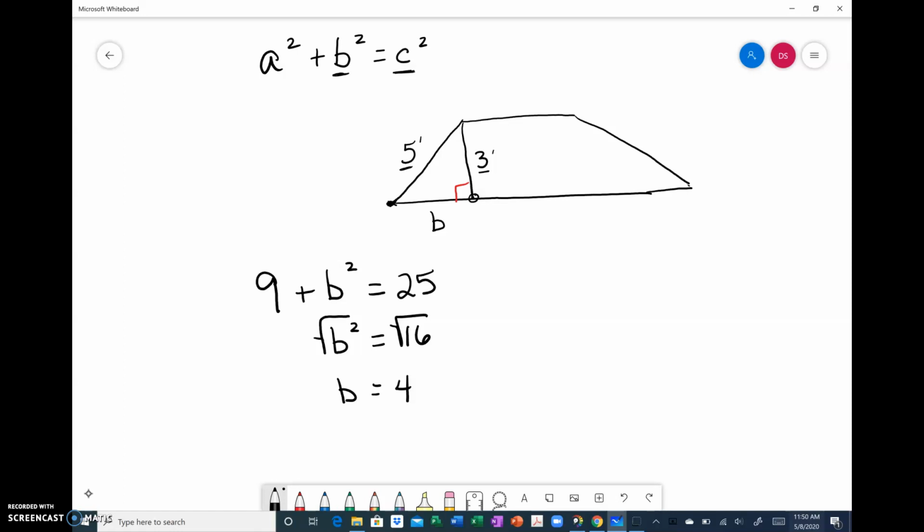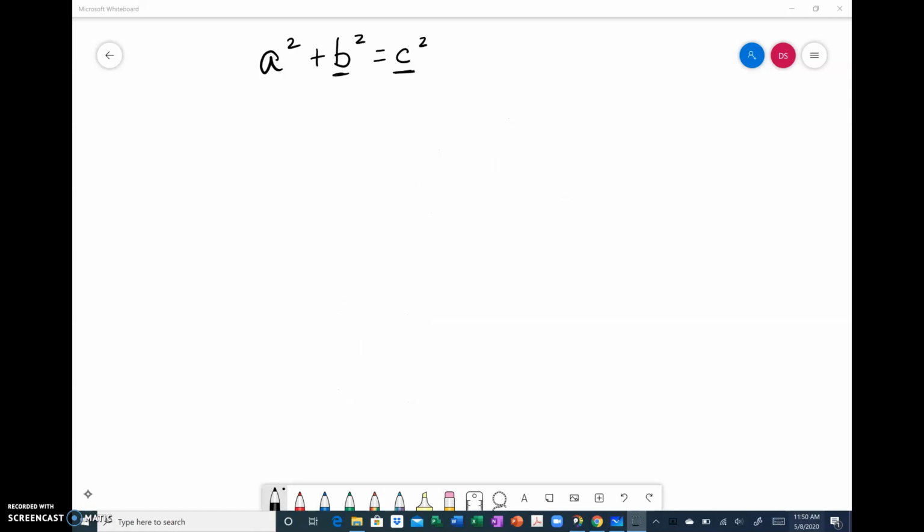I am going to tell you that number 1 in guided practice does not need approximation, but you will have to round 2 and 3 to the nearest tenth. All right, number 1, A and B are 12 and 9, and that will equal the hypotenuse length squared.